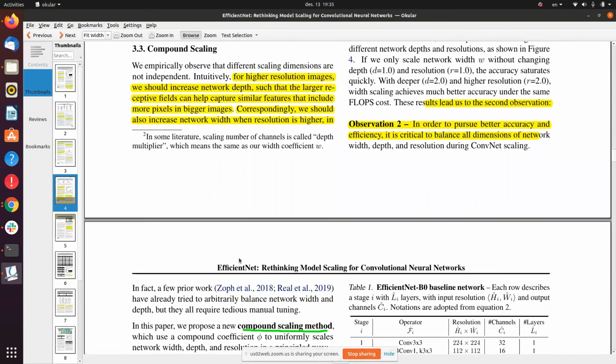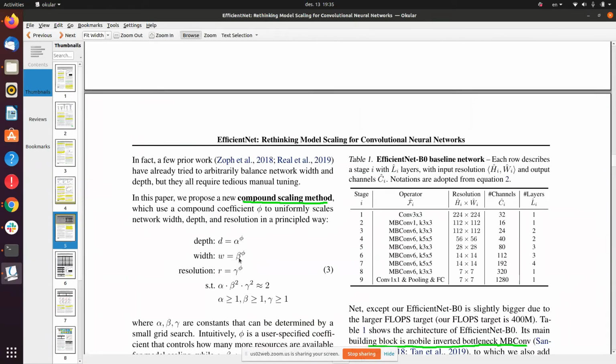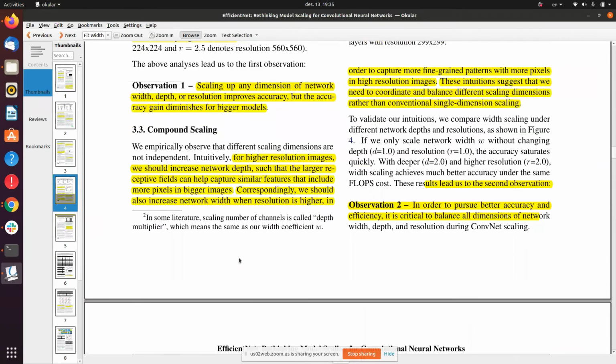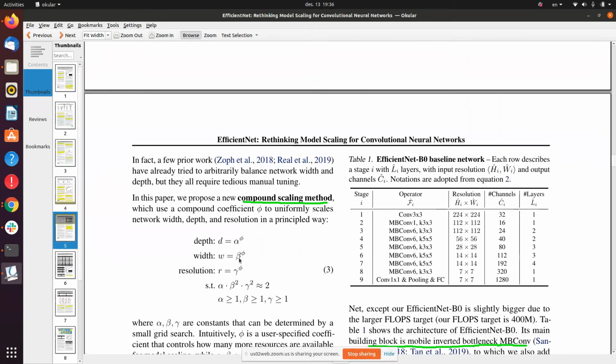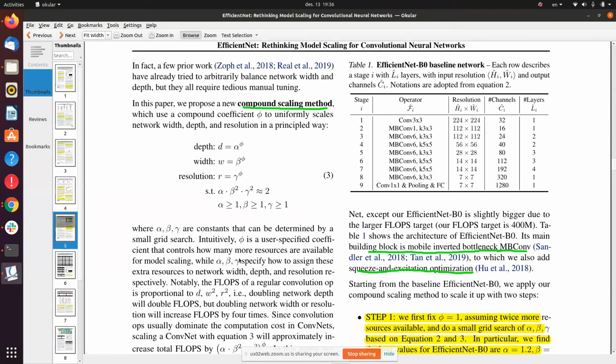So in this section, they completely look into that factor. Given a depth scaling factor, width scaling factor, and resolution as my target, can the current system take that load, whatever target memory or FLOPs they're talking about? That is what this third equation says.